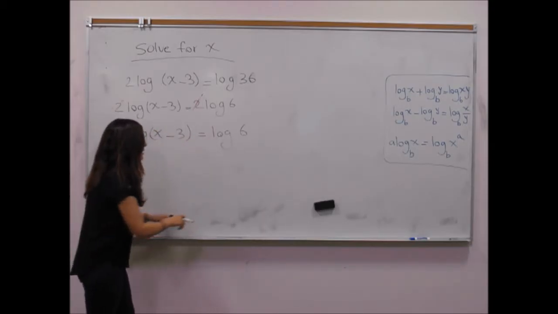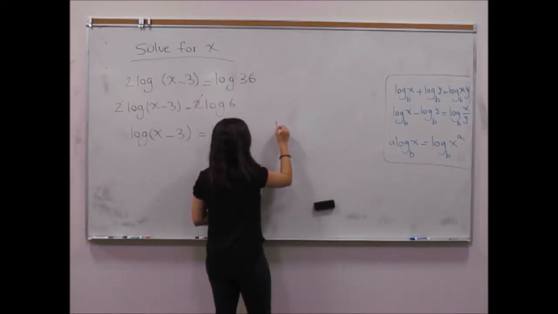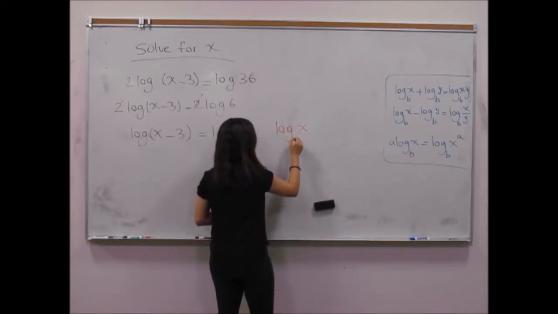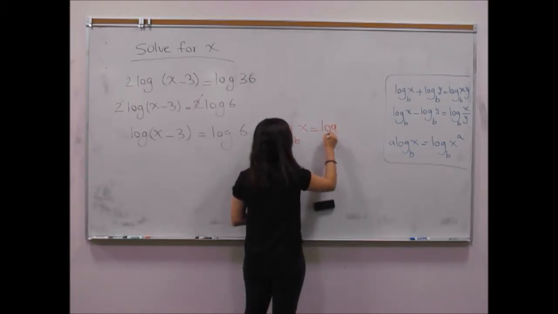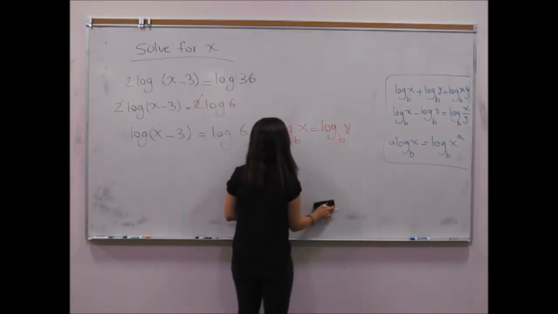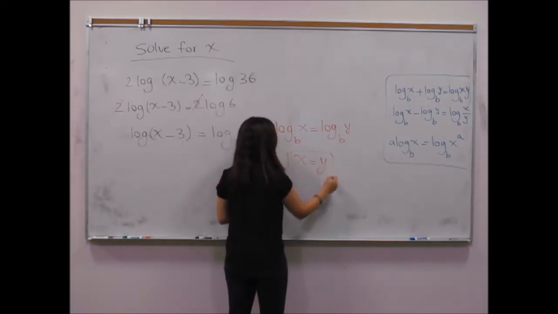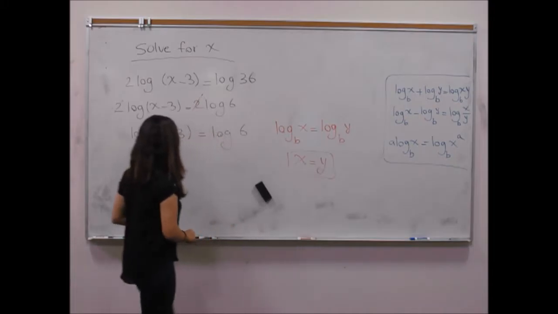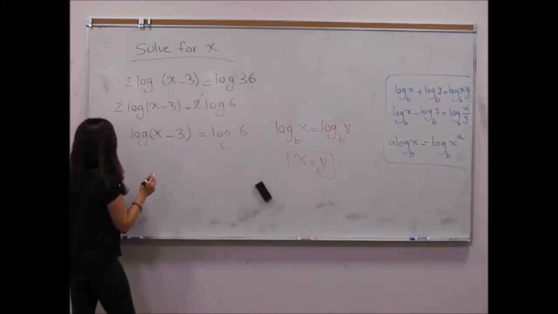So when I have log of x base b equal to log of y base b, that means the arguments are the same. Maybe we can add that to our properties of log.